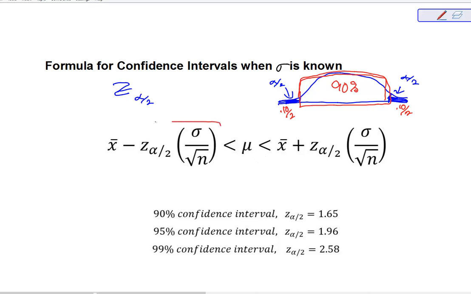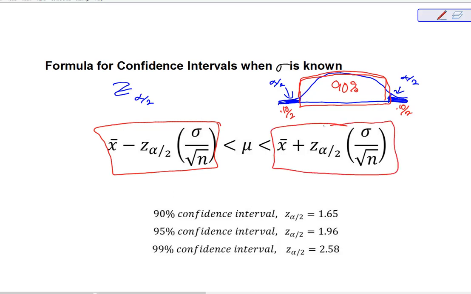We will be given or can find all of this information and simplify these two items down to single numbers. This will stay the same because an interval means that the population mean is between two numbers. Now then, the three most common confidence intervals that we're going to use, again, are the 90%, the 95, and the 99.